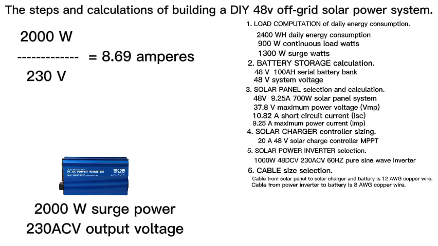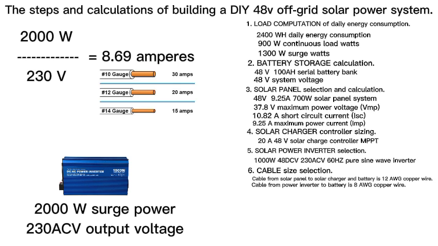So we will use a copper wire of number 14 AWG. The power inverter to AC loads cable will use a copper wire number 14 AWG.